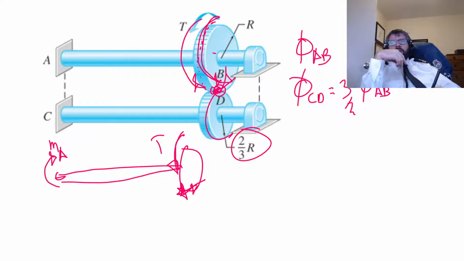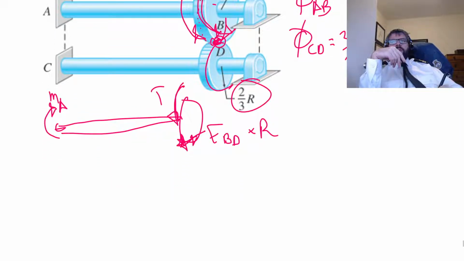We'll call that force FBD. Therefore, the torque that it would use to counteract is going to be FBD times R.